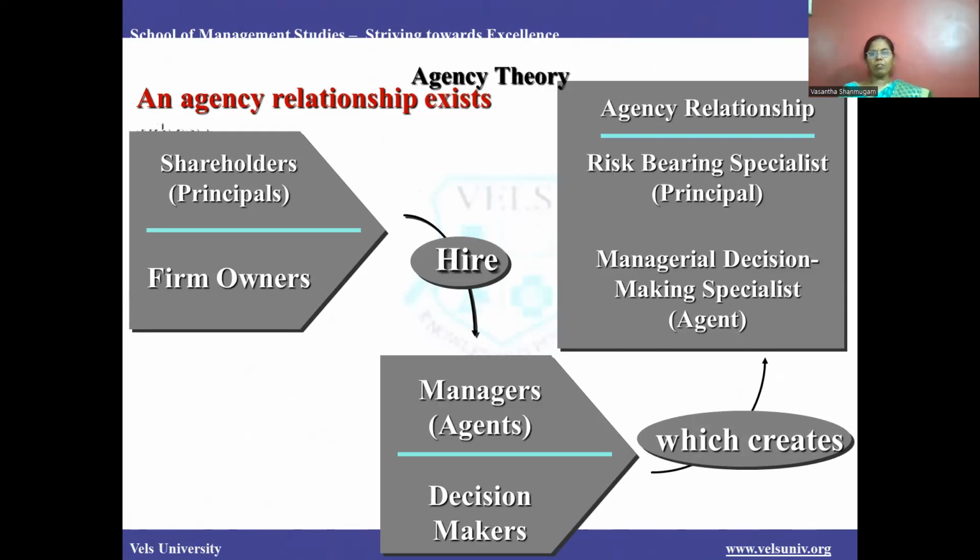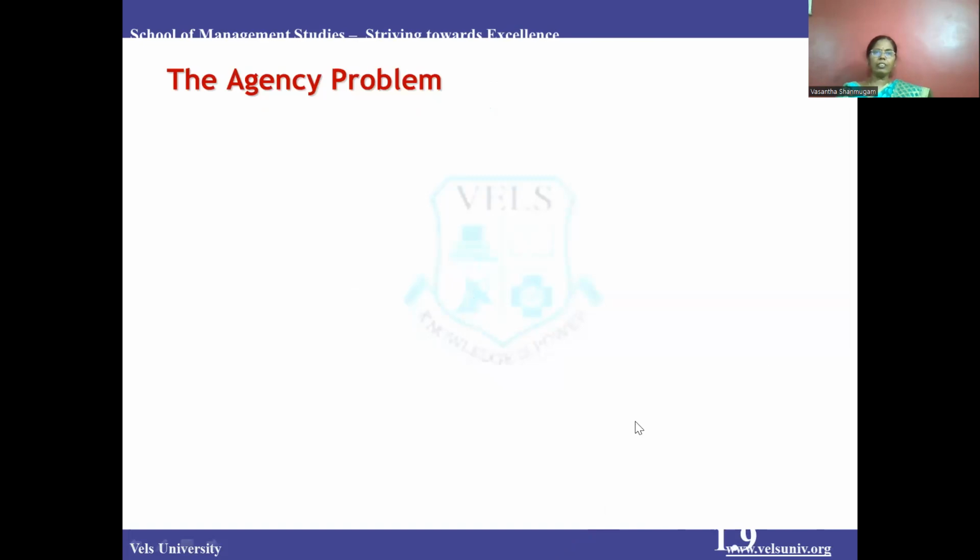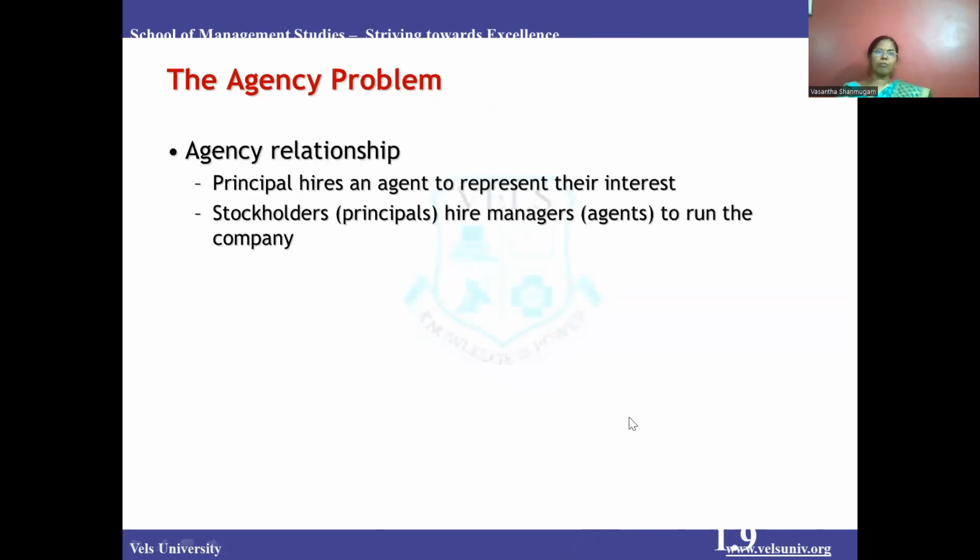So on behalf of the shareholders, the board of directors will be appointed to run the business. So here, the agency relationship is risk-bearing specialist. The principal will bear the risk, but the managerial decision-making people will not bear the risk because the owners have invested the money, which creates a conflict between the agent and principal.